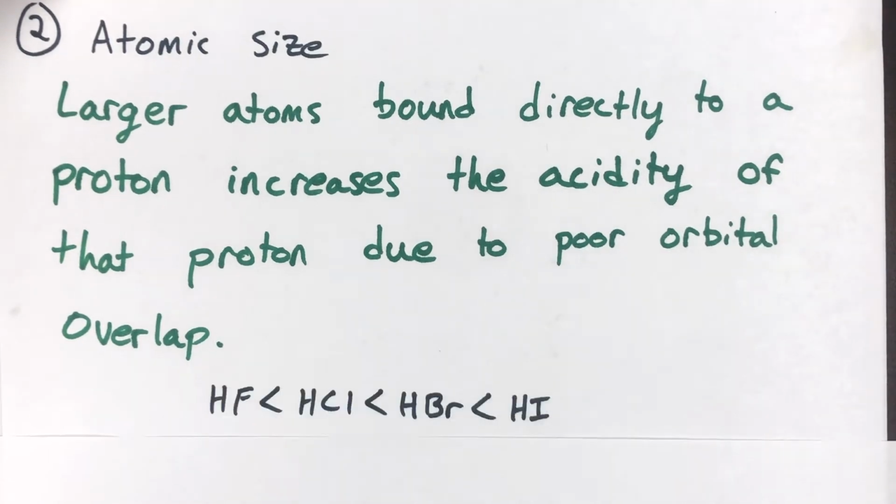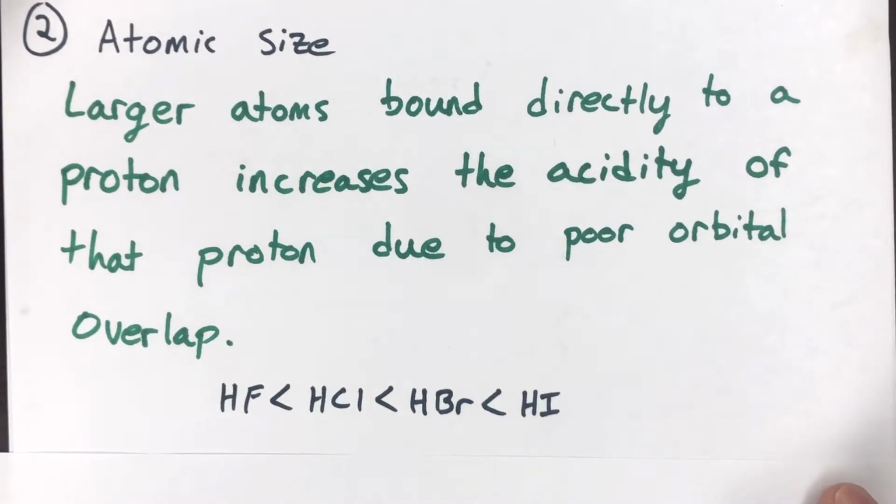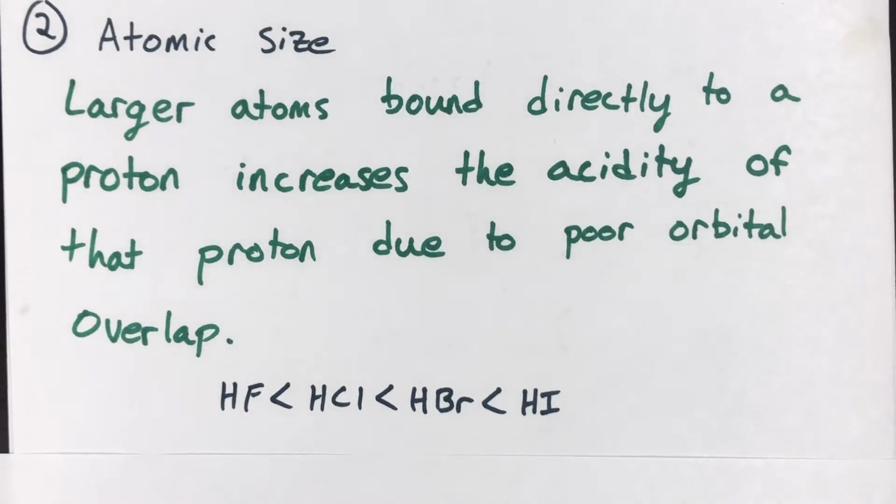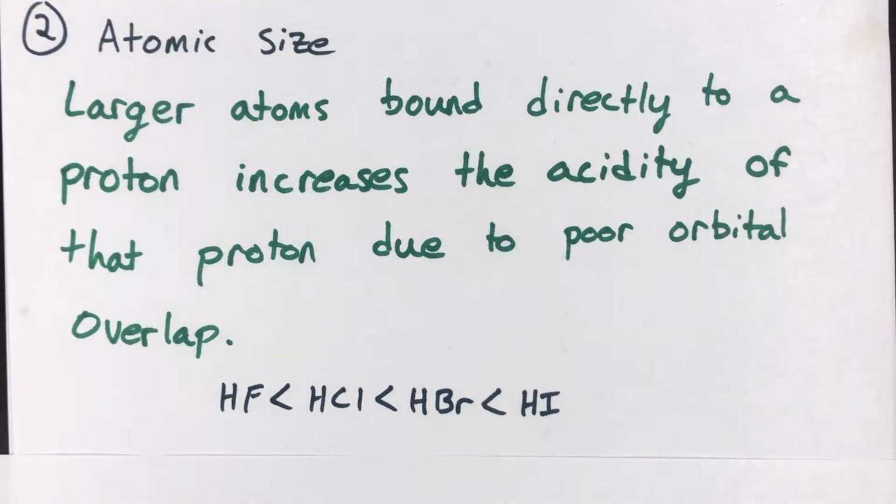So this best explains the following trend, which is that HF is less acidic than HCl, which is less acidic than HBr, and so on to HI. Now, this is very paradoxical, at least it was for me initially when I was learning this, because if we go to our previous trend, electronegativity, right?